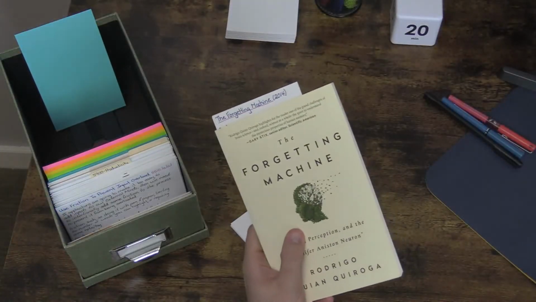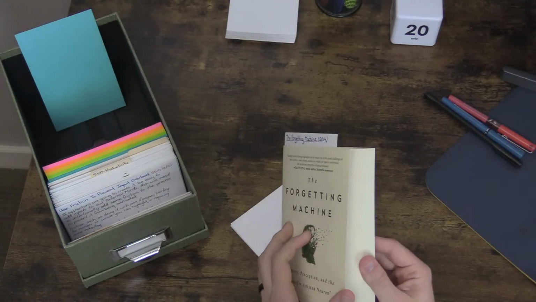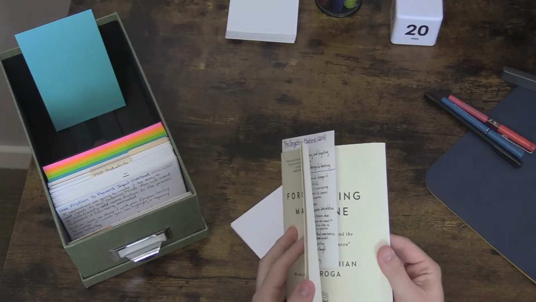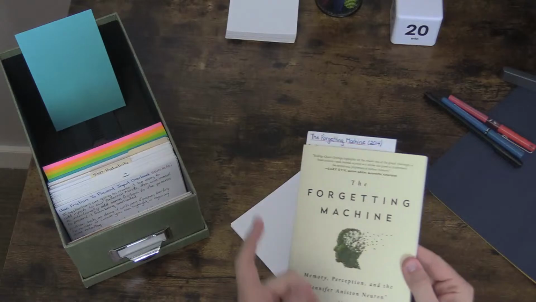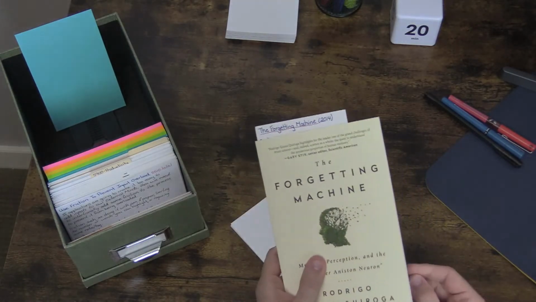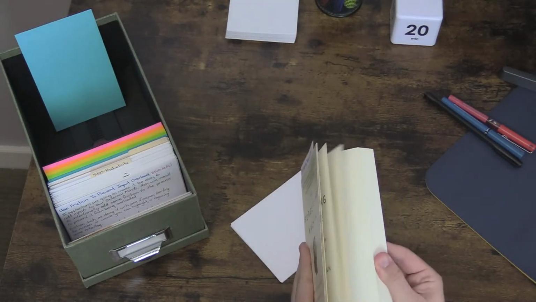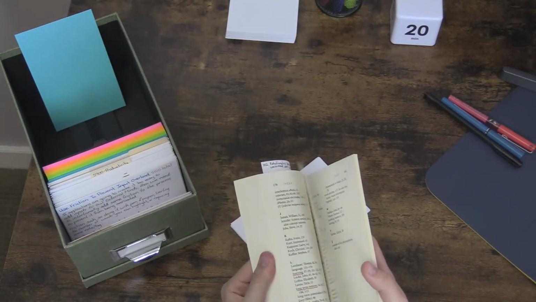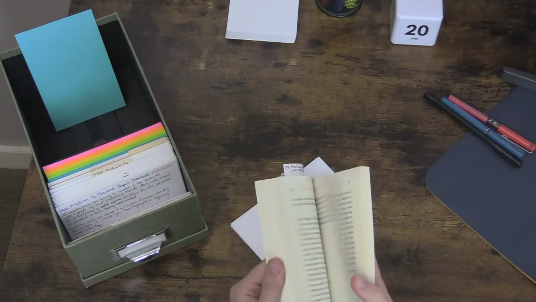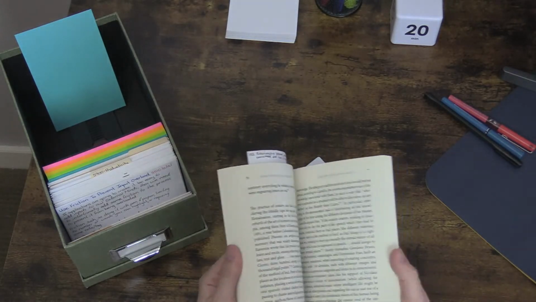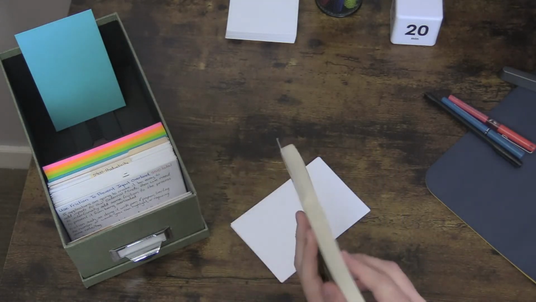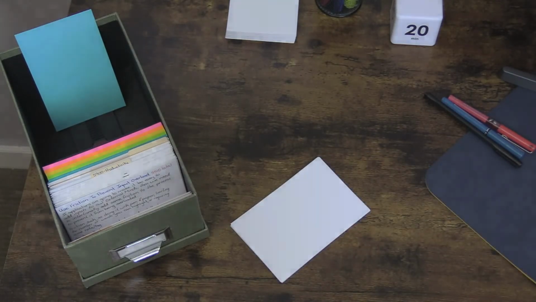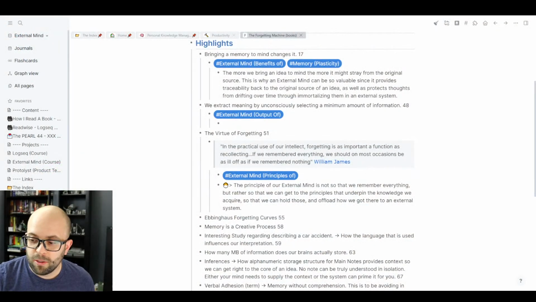A couple reasons why: when I'm doing inspectional reading, which is what my next video is going to be about, I find it easier to flip through the book, going from the table of contents or the index and then going back to a particular section, or just perusing through the book. I find that very difficult on the Kindle.